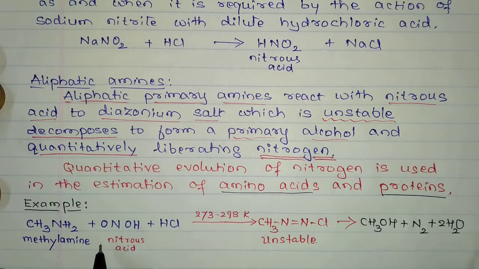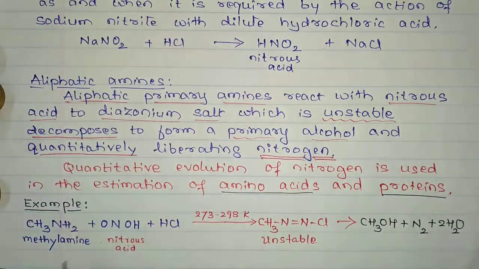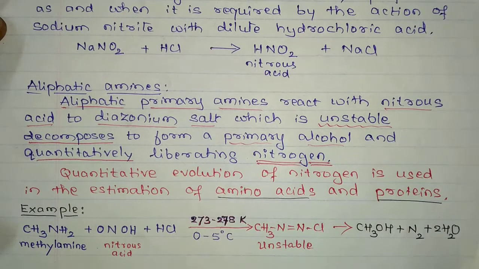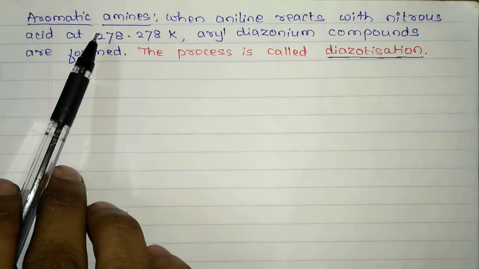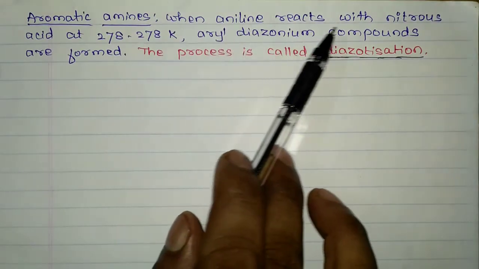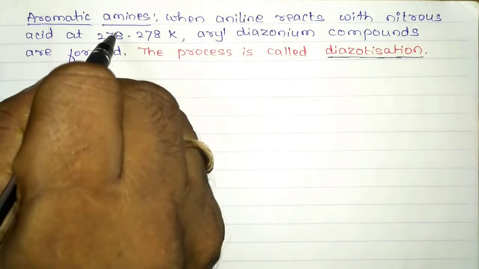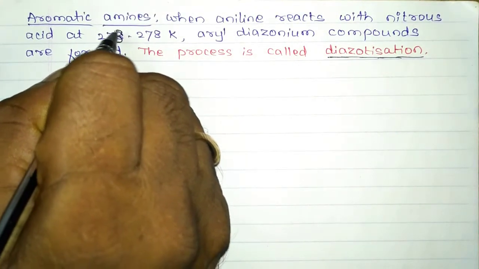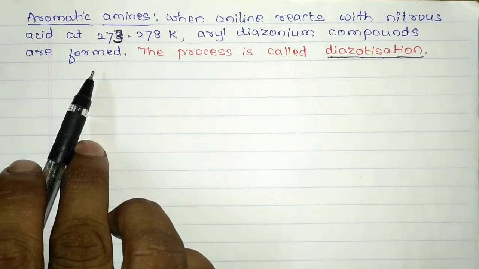Now let us see the reaction of nitrous acid on aromatic amines. This was for aliphatic amines. Now let us see aromatic amines. When aniline, an aromatic amine, reacts with nitrous acid at 273 to 278 Kelvin, aryl diazonium compounds are formed.